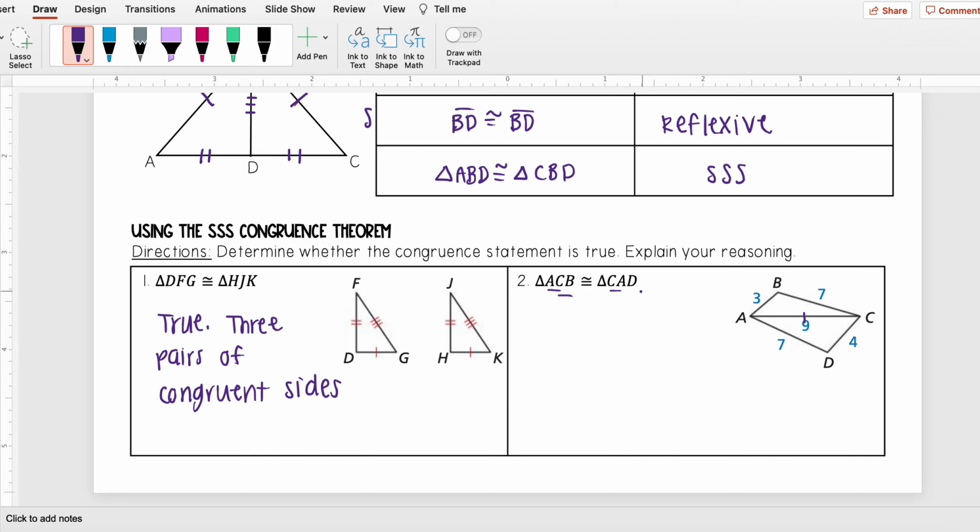Looking at the last two letters, CB and AD, I see that CB is length 7, AD is also length 7, so that one's good. But then now looking at this last side, AB and CD, I see that AB is length 3 and CD is length 4. So I don't actually have three congruent sides. So this one will be no. I don't have three pairs of congruent sides.